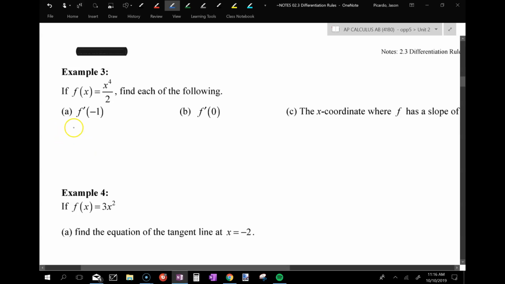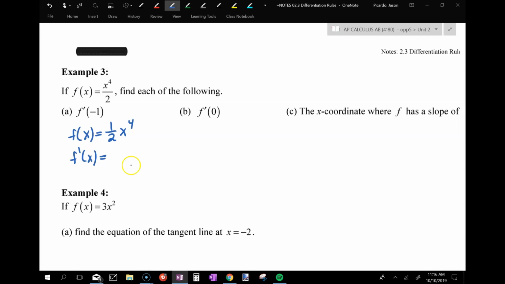So what is our derivative? Well, our original function can be rewritten as a half of x to the 4th, right? Which means our derivative is going to be what? 2x to the 3rd.